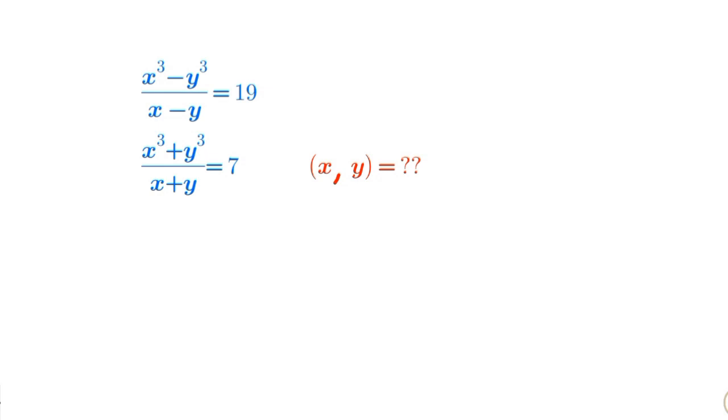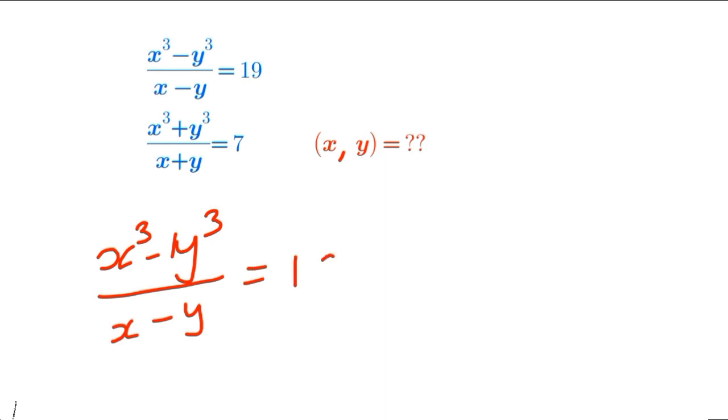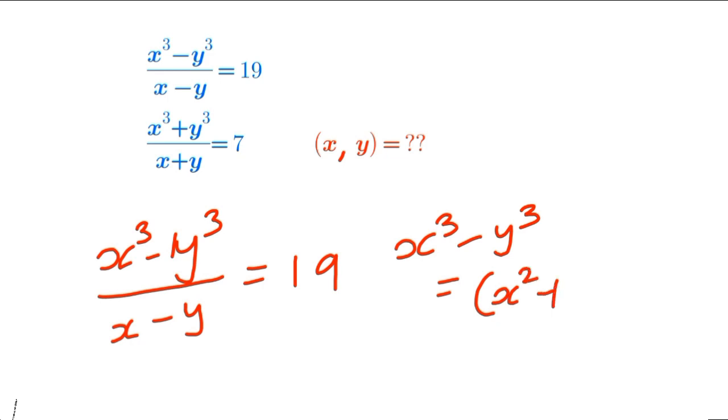Now, first of all, we have x cubed minus y cubed over x minus y is equal to 19. So the next thing we are going to do is try writing x cubed minus y cubed. We can write x cubed minus y cubed as (x squared plus y squared plus xy) multiplied by (x minus y).